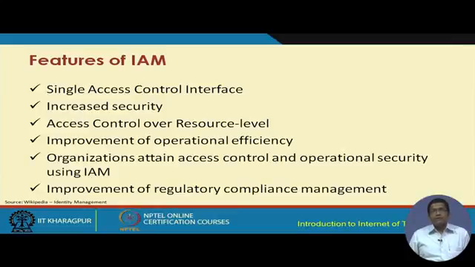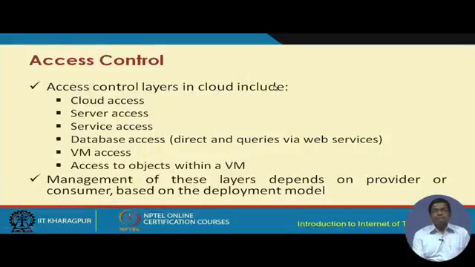Features of this module include single access control interface, increased security, access control over resource level, improvement of operational efficiency, organizations attaining access control and operation security using this module, and improvement of regulatory compliance management. Access control is very important in cloud. So, service providers have to take care of it explicitly.